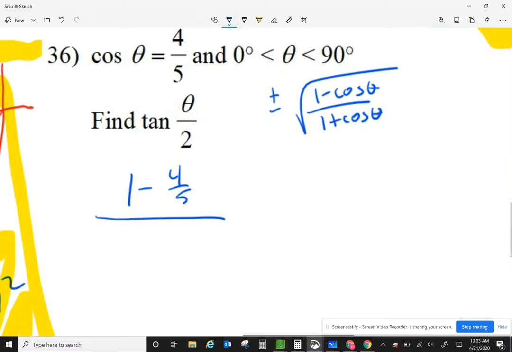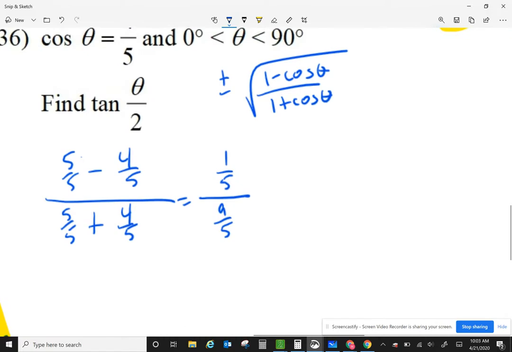I have 1 minus 4 over 5 over 1 plus 4 over 5. Looking on the top, my 1, let me write that as 5 over 5. So that gives me 1 over 5. Looking at the bottom, let me write that my 1 as 5 over 5, just to have a fraction with the common denominator. So that gives me 9 over 5. So I have 1 over 5 times 5 over 9. Remember, I have to do the reciprocal of the second fraction.